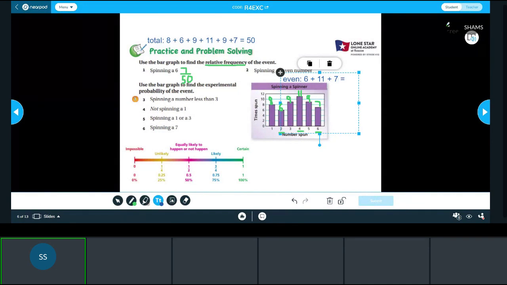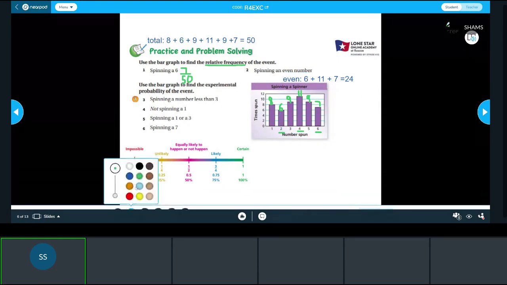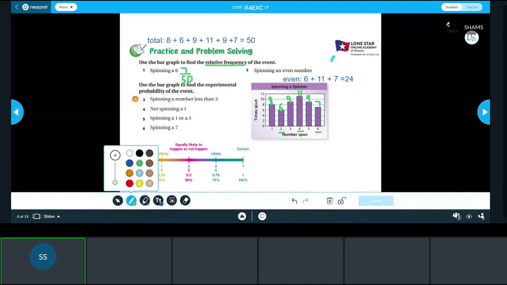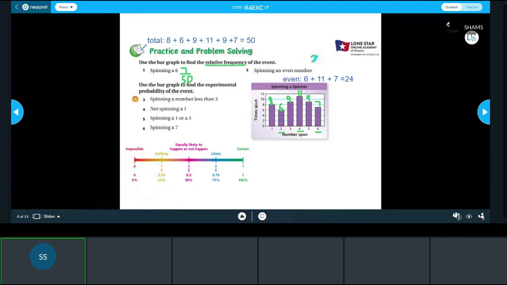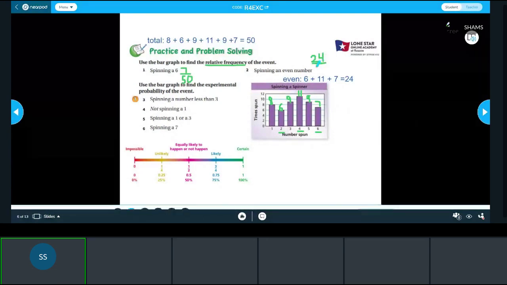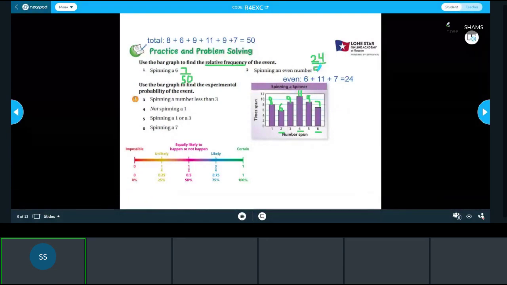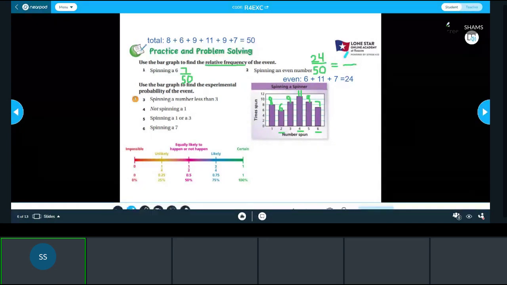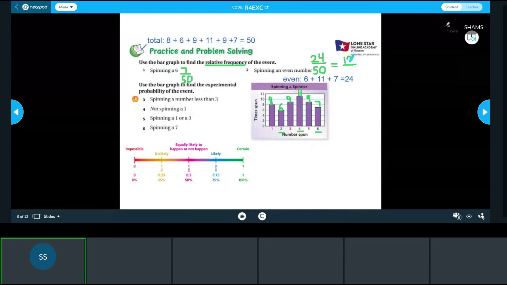Altogether, the evens occur 24 times. So the probability for evens is 24 out of 50. That is the relative frequency or probability. Remember to reduce 24 over 50. They're both even, so you can reduce them by 2. Half of 24 is 12, half of 50 is 25.